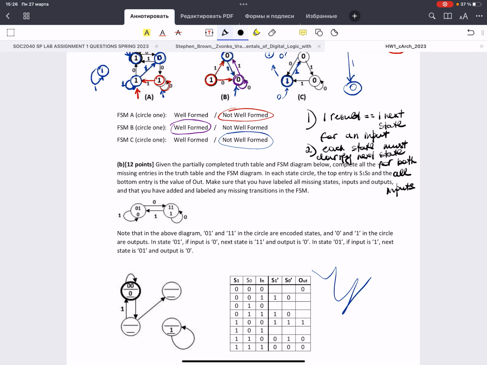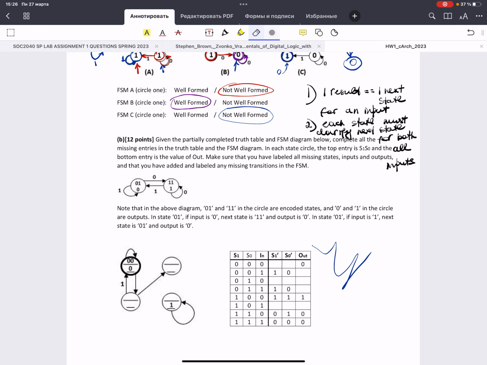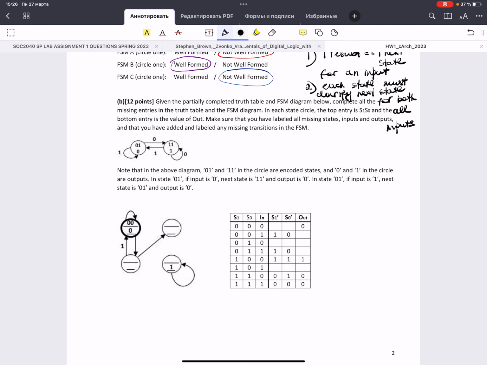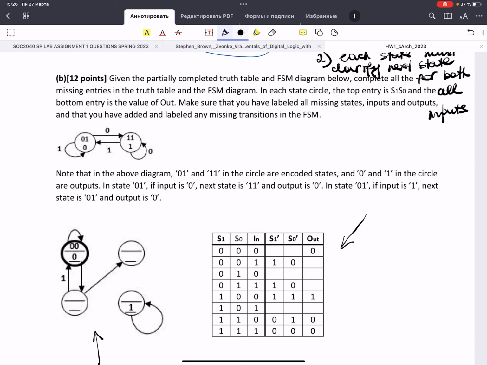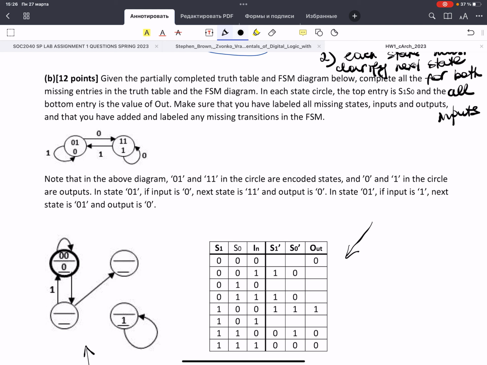So now let's come to question number 2. In question number 2, the objective is to fill out this truth table and fill out this finite state machine diagram. Firstly, you have to understand that the information is given here also. The very first thing to understand is that this is a state.